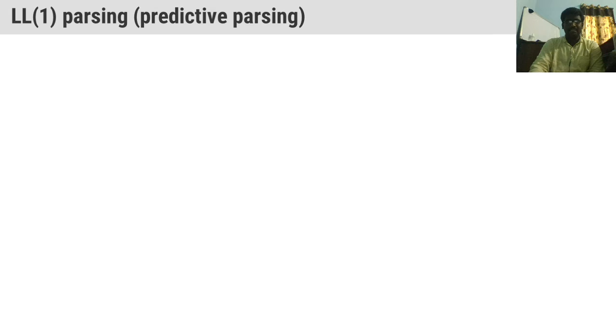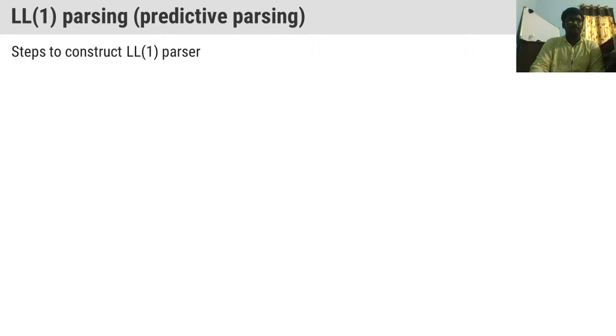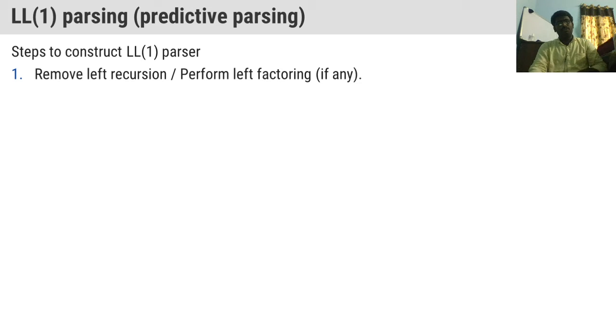And for constructing this parsing table, or to understand this LL1 parser, we have some steps. See the steps here. Steps for constructing LL1 parser. First, we need to remove left recursion or left factoring if any is present in the grammar.